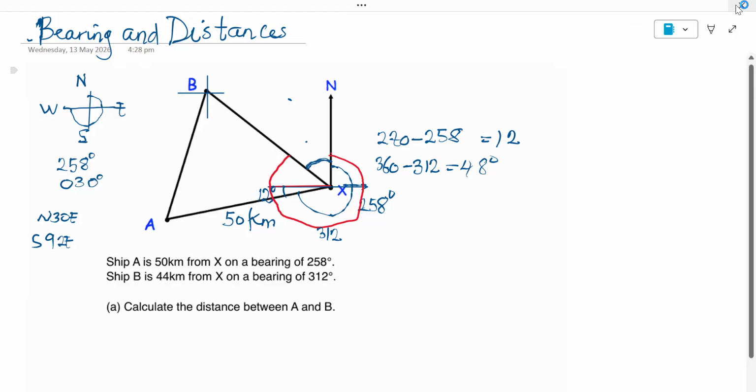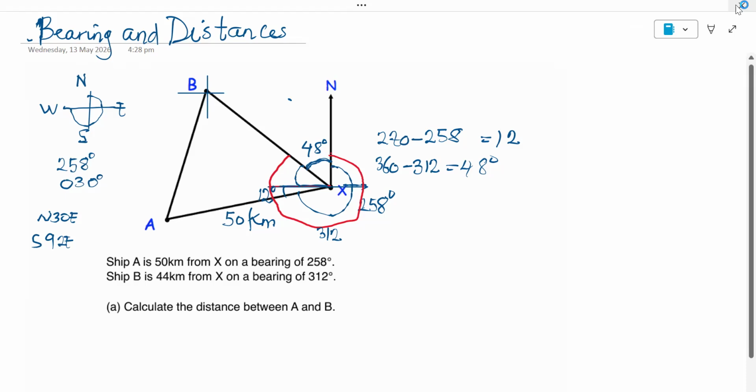So that means the angle here is going to be 48 degrees. Now, since that angle is 48 degrees, we can use that knowledge to find this angle here. Because if you look at it very carefully, this is north, and this line here is actually due west.